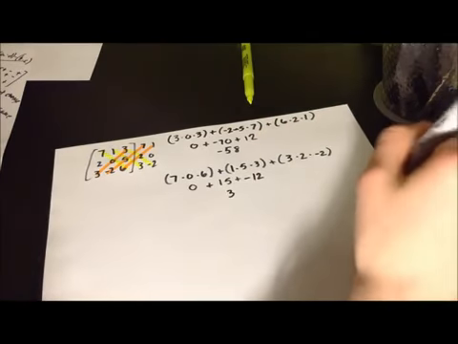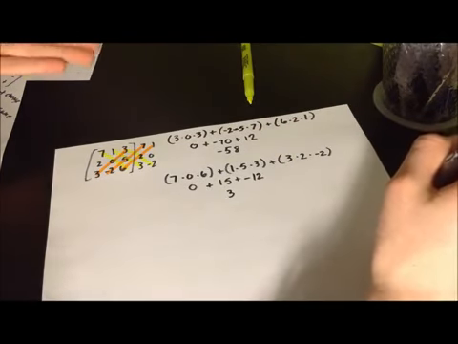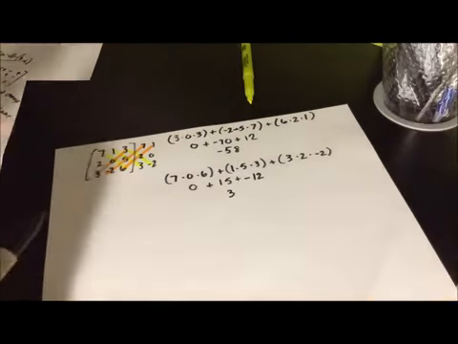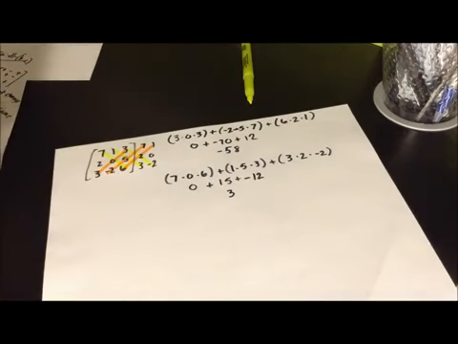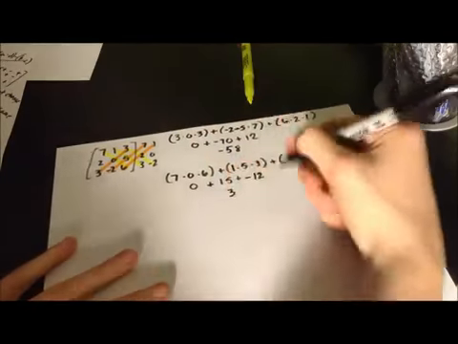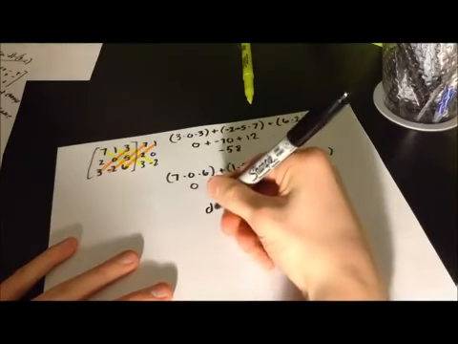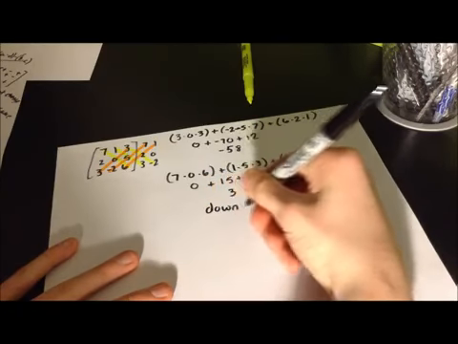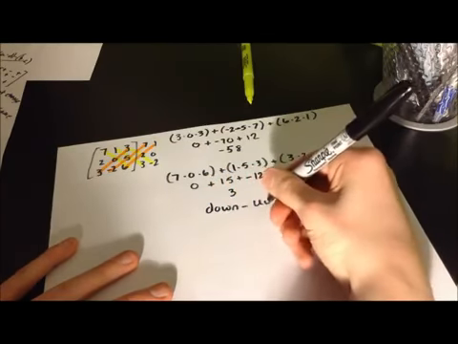Okay, there's an order you have to subtract them in. I like to call it down minus up. If you look at the yellow, it goes down in a sort of perspective, and the orange goes up. So I'm going to say down minus up.